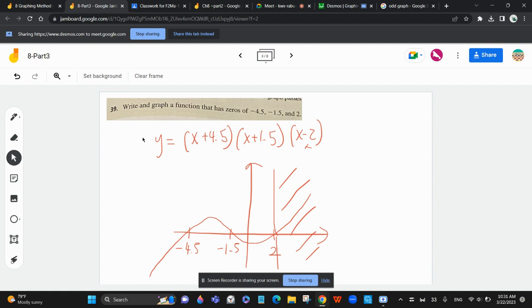When you go to the left of 2, it becomes negative. And then it becomes positive again. And if you switch x to less than negative 4.5, then it becomes negative again, because this one is negative, this one is negative, this one is negative.